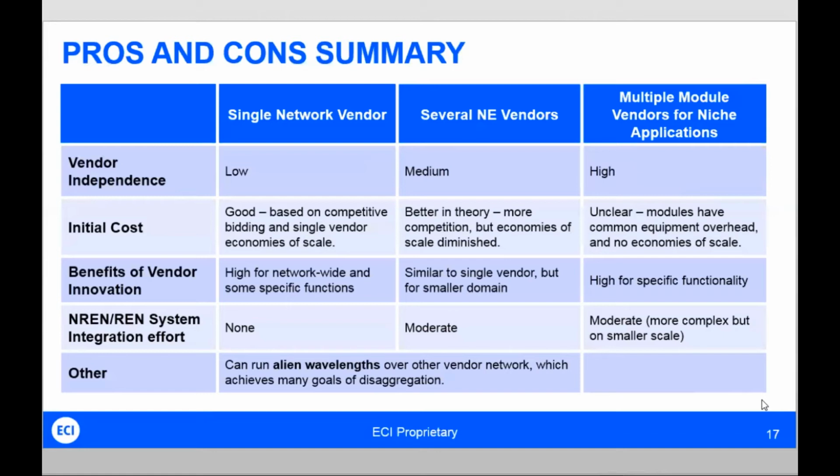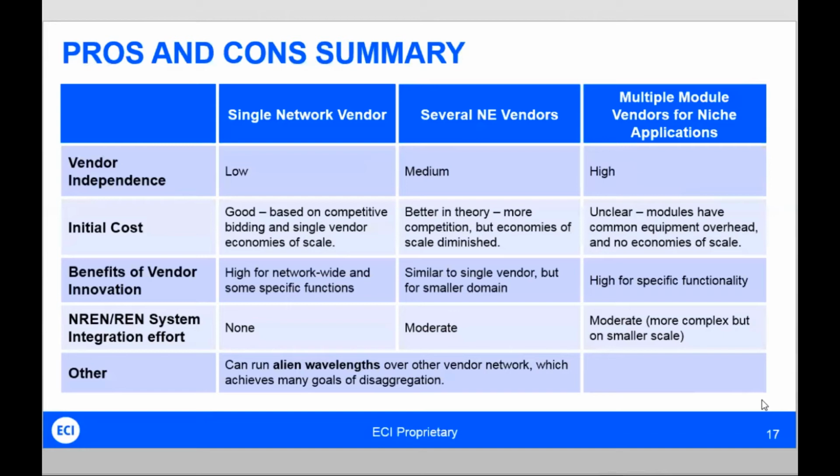When you have several NE vendors, it's the same as a single network vendor, but they don't have the same economies of scale. So in theory, you might get a better initial cost because they might be more aggressively competing with each other for some of the business, but this has to get balanced out by the fact that they're not getting as much of the pie, and they have to recover that in a different way. So let's say it's a little bit better in theory.